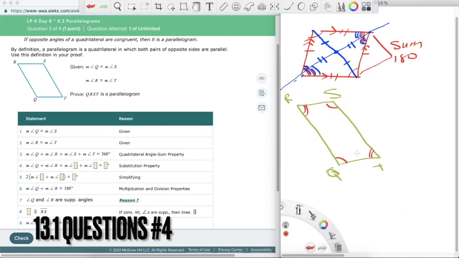And they've already put this in the given for us. They're also giving us that if we add all four angles together, we get 360 degrees, and that's the quadrilateral angle sum property.